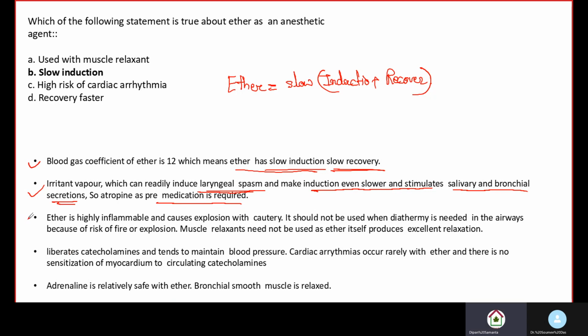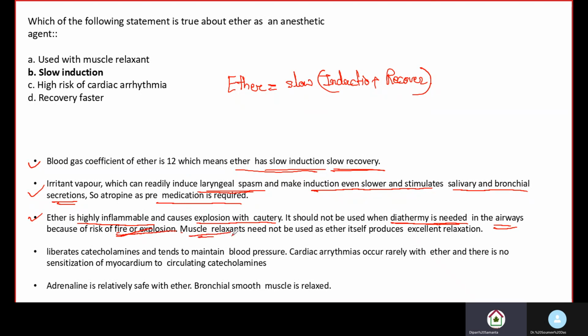Next point. Ether is highly inflammable, causing explosion with cautery. It should not be used when diathermy is needed in the airways because there is a risk of fire and explosions.